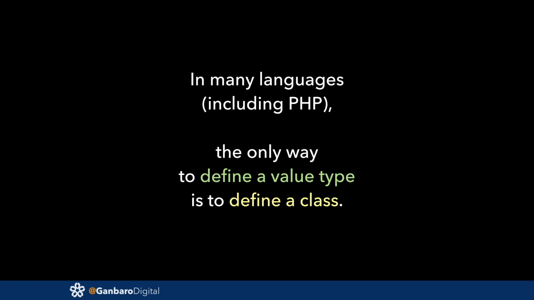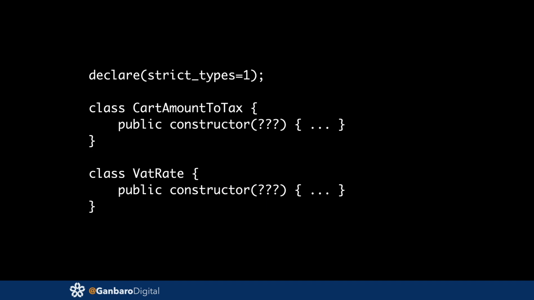They're OO languages primarily, and therefore you have to use the OO tools, classes and objects, in order to do stricter types. So already our way forward is being set for us.